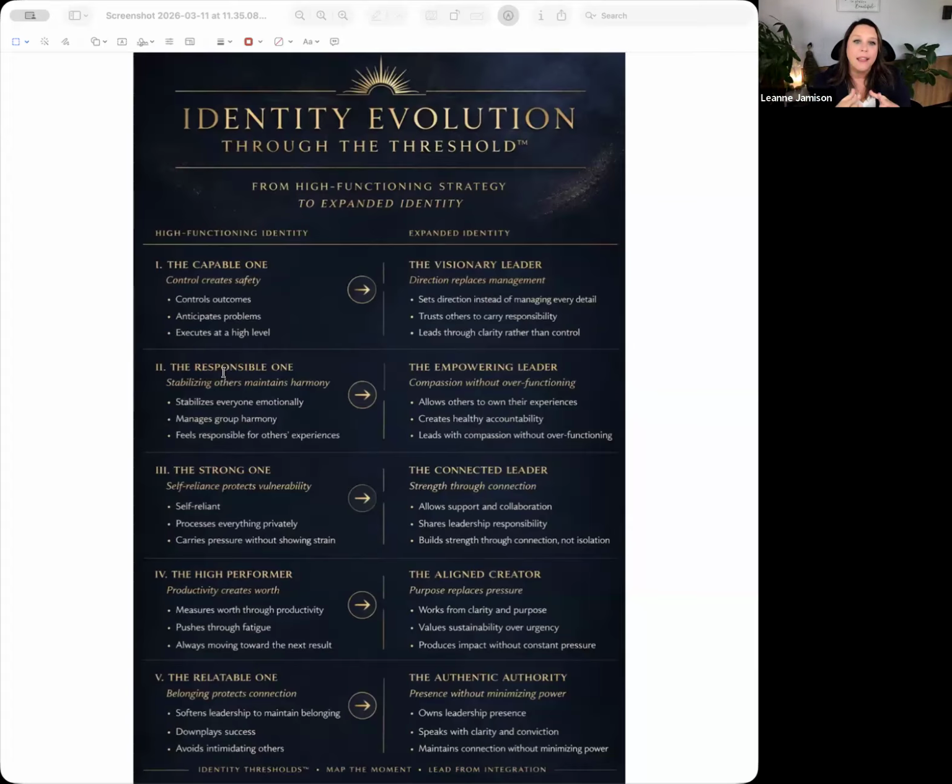So with that, the visionary leader keeps every single one of those strengths, right, with that precision, the anticipation, the high standard. She just stops expressing them through control, and she starts expressing them through direction. She sets the standard, she holds the vision, she trusts others to carry responsibility at their level, which finally frees her up to operate at her level.